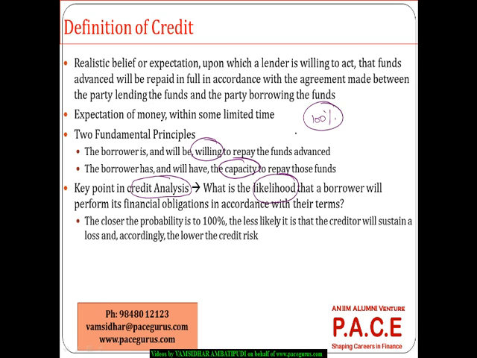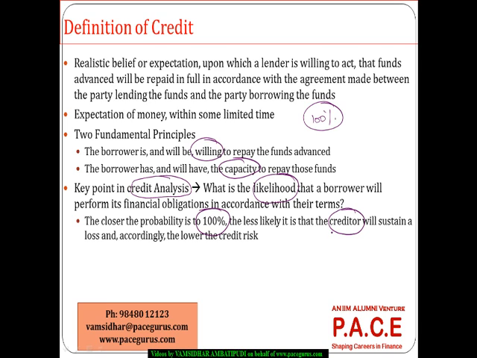The lender has taken a risk and has advanced the funds to the borrower. Now, what is very much necessary to understand is the chance that the borrower will pay back the money as per the terms and conditions in the contract. If that probability is close to 100%, then the creditor does not have much of a loss.